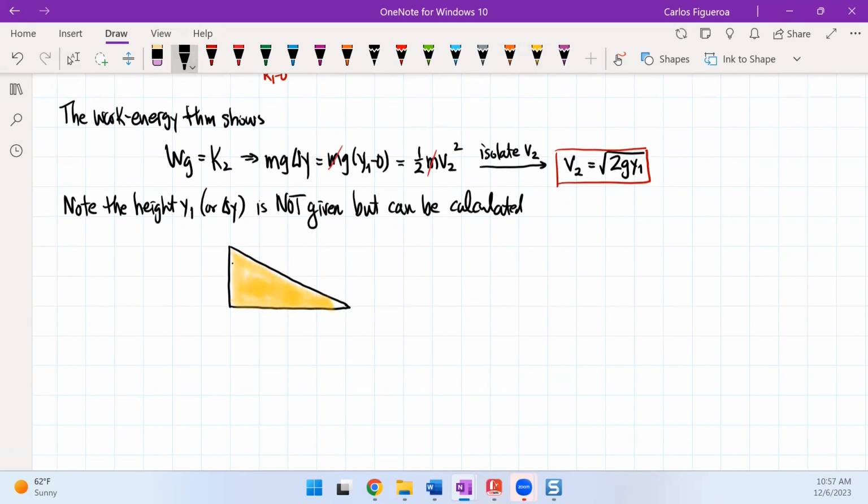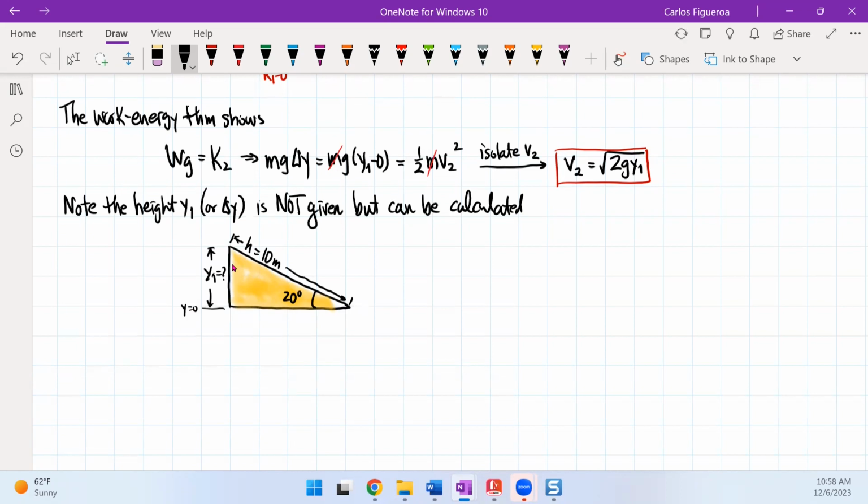They're telling us that the hypotenuse, which I'll call little h, is 10 meters from there to there. I know that this height here, I'm going to call y1, we don't know what it is, and of course this is all measured from y equal to 0. And they tell us that this is an angle of 20 degrees. So now I can use right triangle algebra to solve for this.